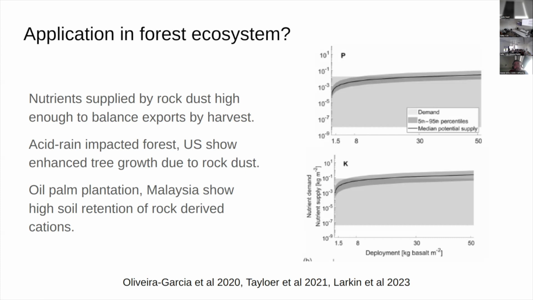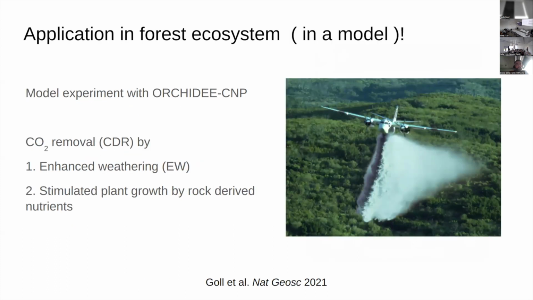And in the dark lines, you see how much potassium or phosphorus could be supplied by rock dust. And also here in forest ecosystems, it would be possible to replenish the phosphorus being taken away by the fiber harvest when using basalt.